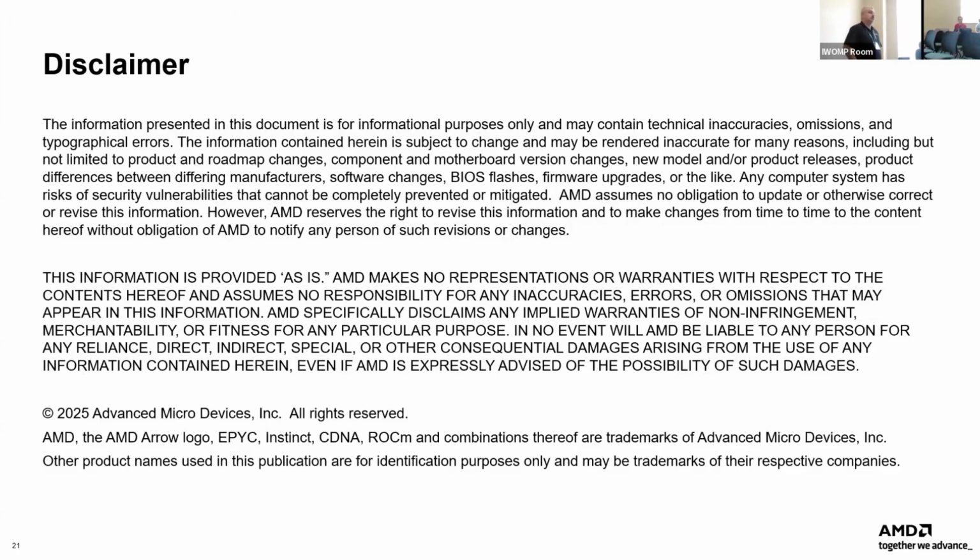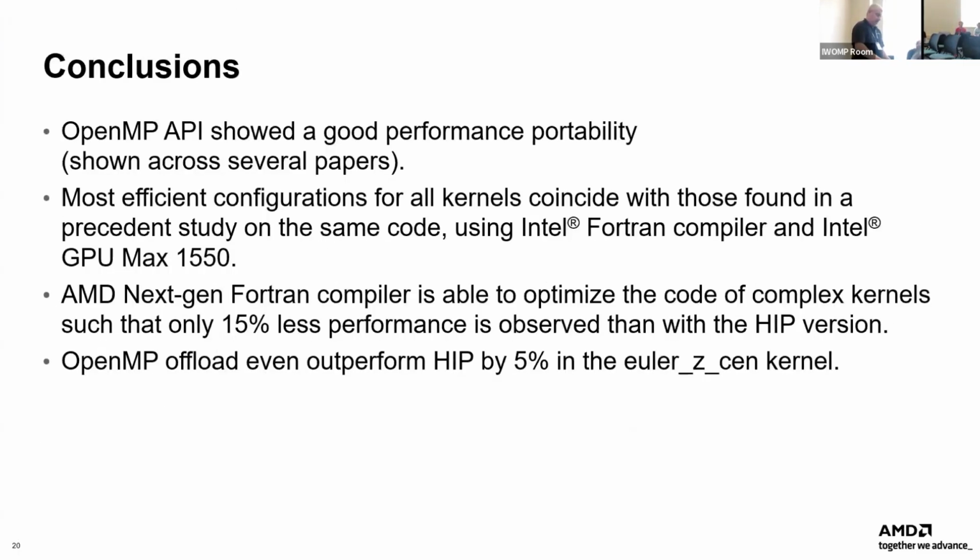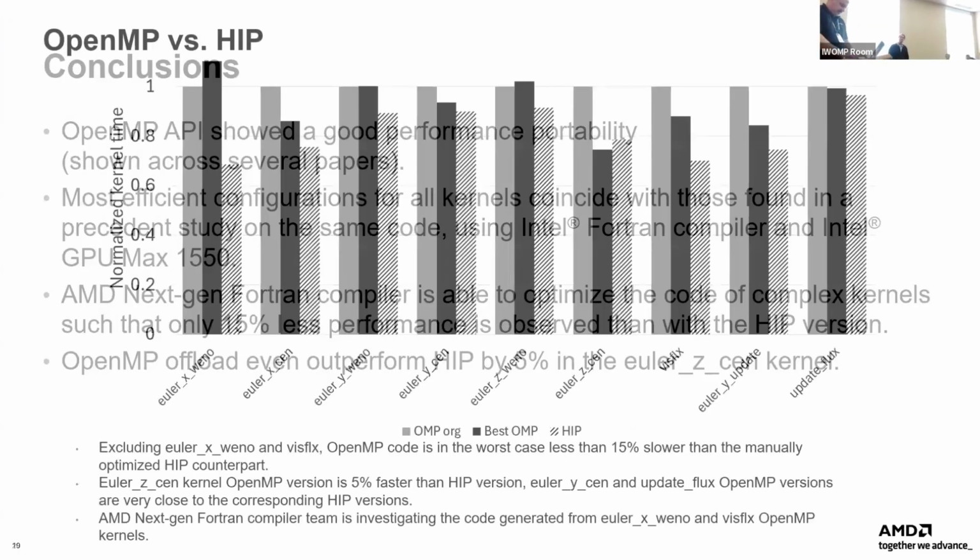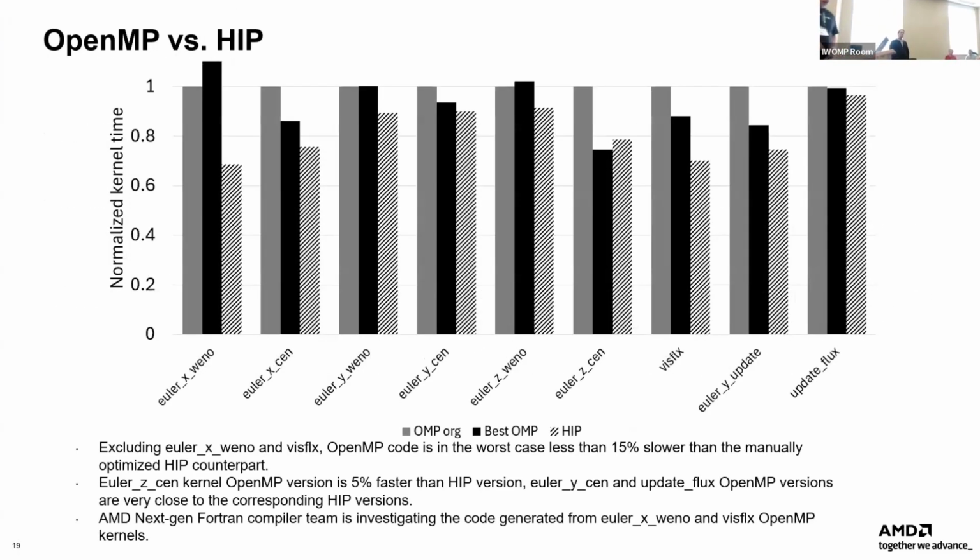Question. Sorry. The graph, could you go to the... Which one? 19. 19? Yeah, that's it. Okay. Why is the best OpenMP worse than the original OpenMP? The first one, and there are two. That is a very good question. I don't know the answer.